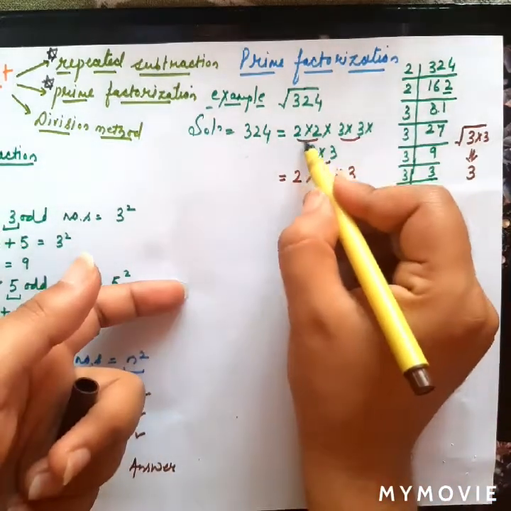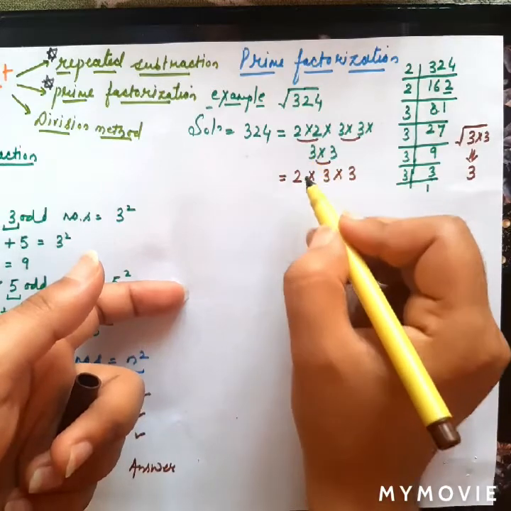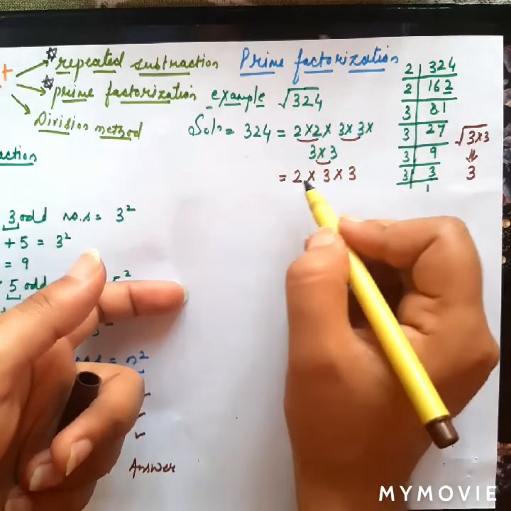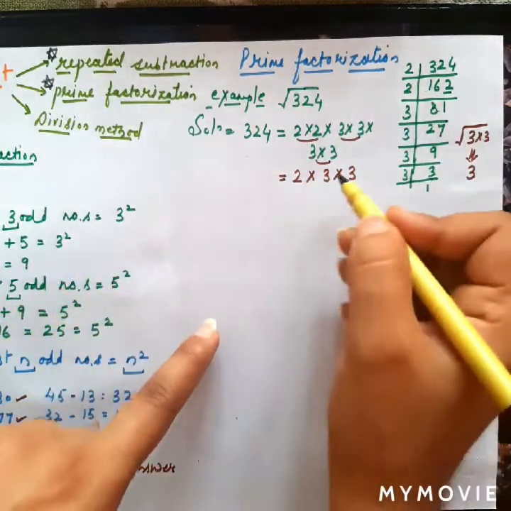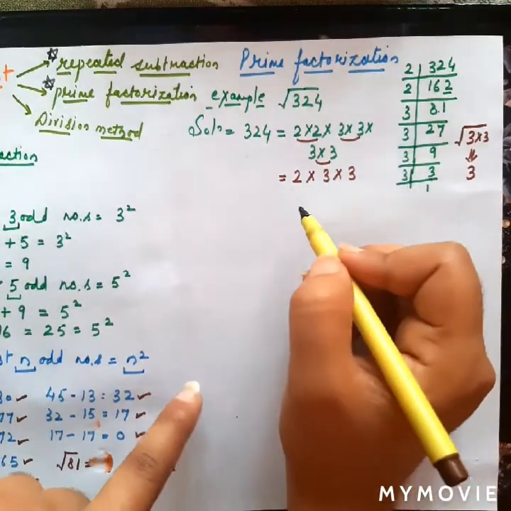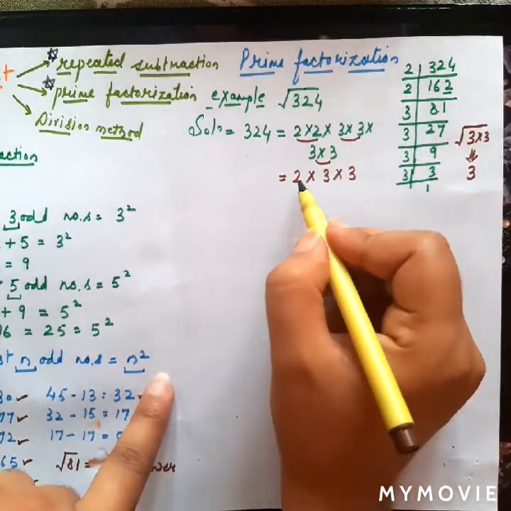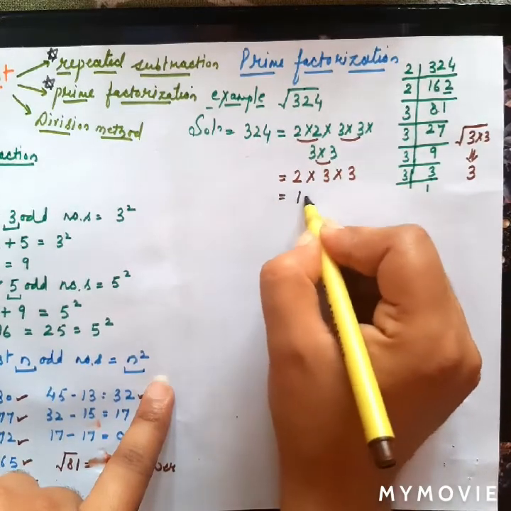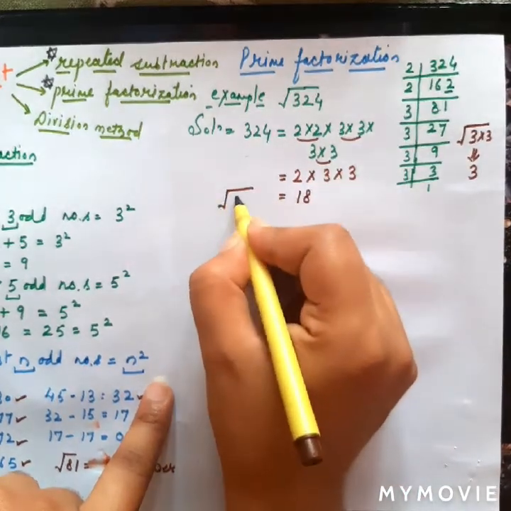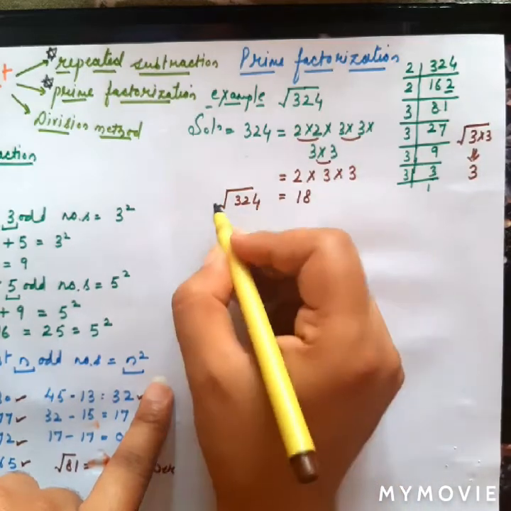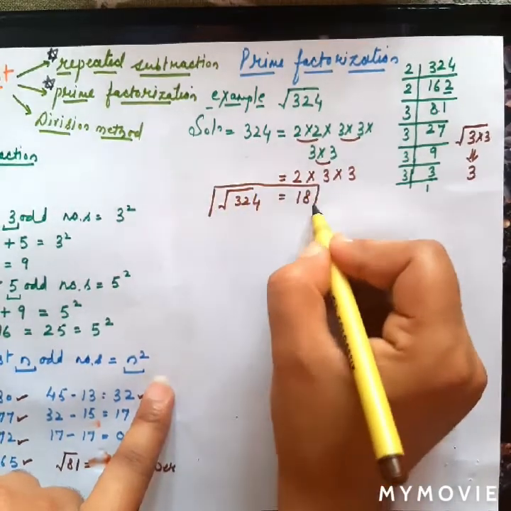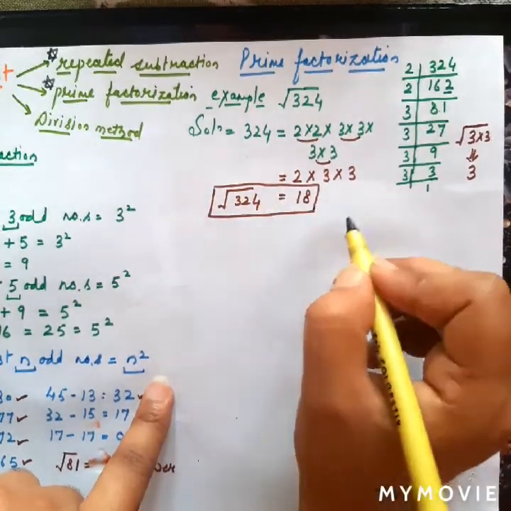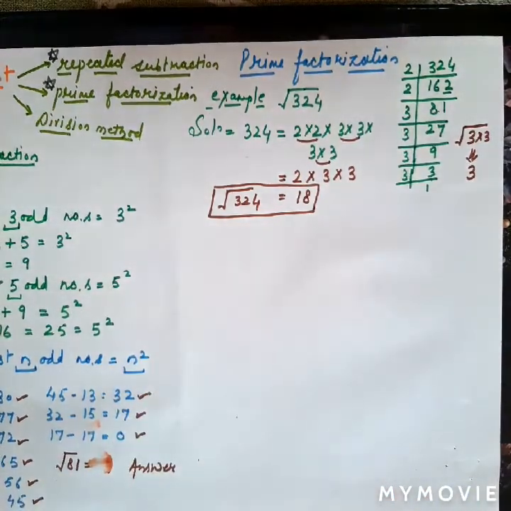That is why for these pairs I'm writing single numbers, and the multiplication of these single numbers will give us the square root of the number. So 3 threes are 9, 9 twos are 18. So the square root of 324 is equal to 18, right? This is our answer.